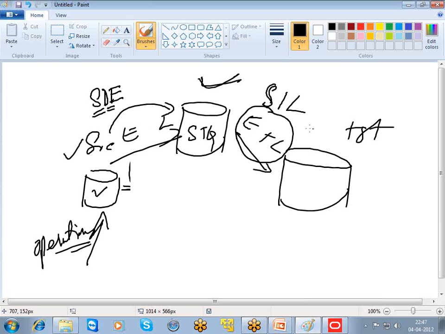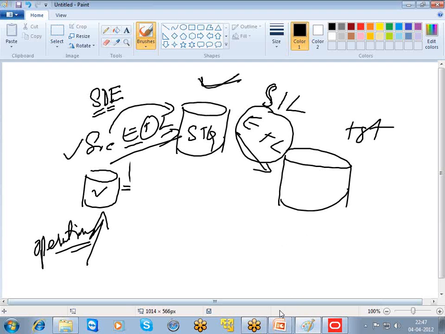So source to staging is also an ETL process, but the T won't be there. It is just extraction and as-it-is loading. The transformation takes place between staging and target.